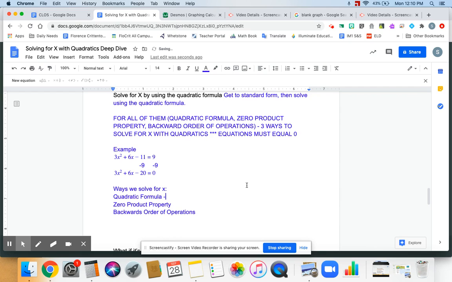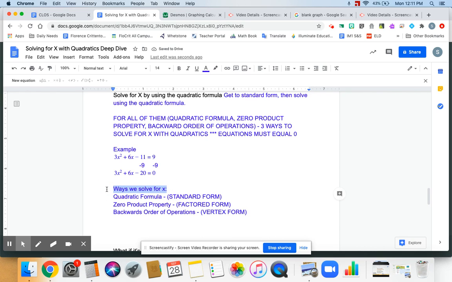If it's the quadratic formula I'm using, what form am I in? I have to be in standard form to use the quadratic formula. If I'm using the zero product property, what form do I have to be in? I have to be in factored form to use the zero product property. And to use backwards order of operations, which form do I have to be in? We use backwards order of operations for vertex form.